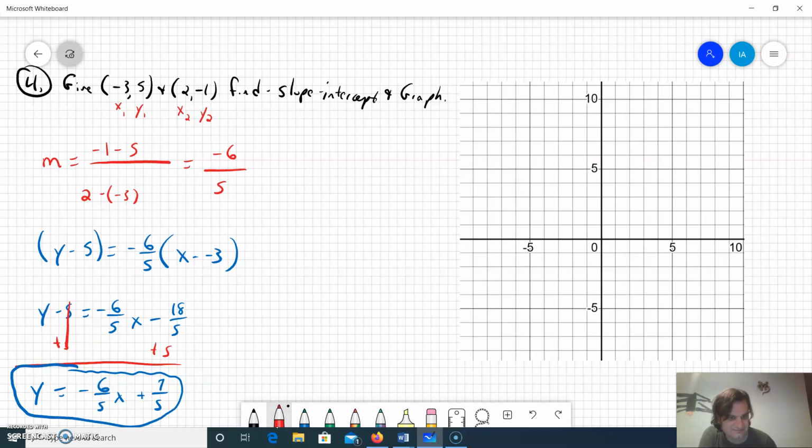Now let's graph it. What's that mean? I've got a slope of negative 6/5 and a y-intercept of 7/5.